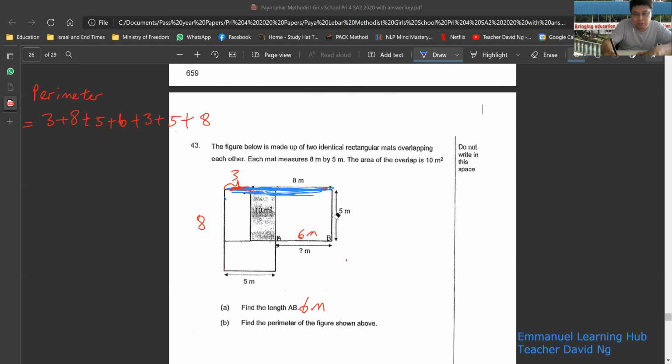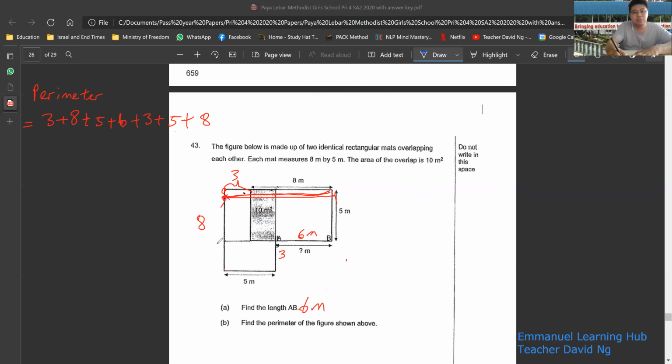When you add this way, if you start from here, you write like that in pencil. So when you add, you go one round. When you reach here, you know you reach the end.